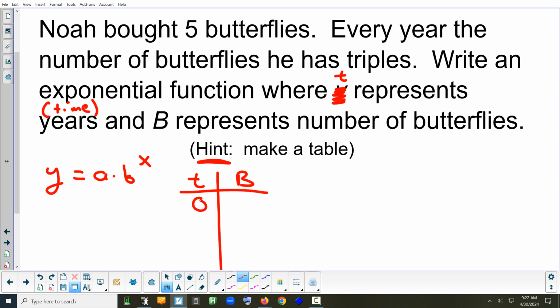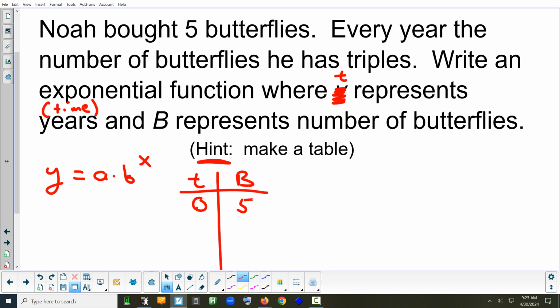So how many butterflies did he have at the very beginning? That's what 0 represents. 5, yep. So when time is 0, that represents when you bought them. That's day one, the first second you bought them.